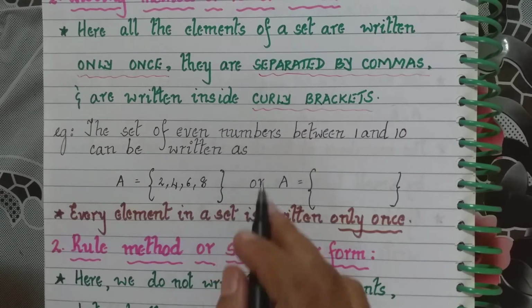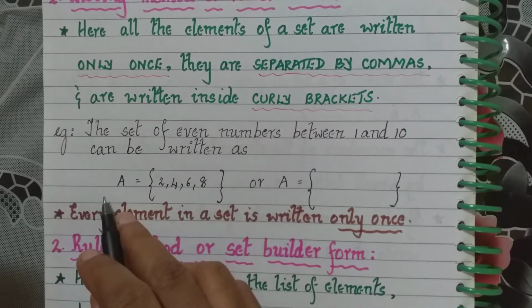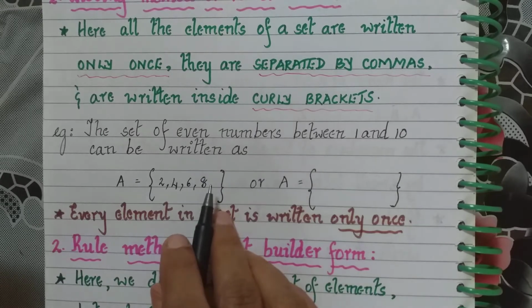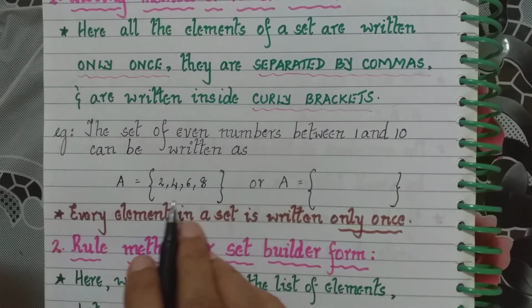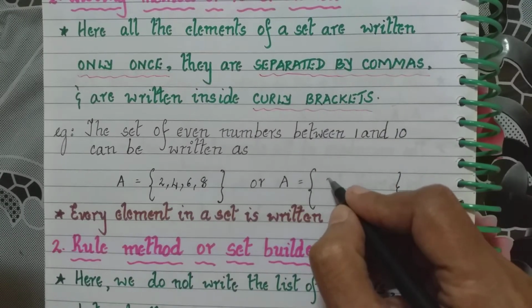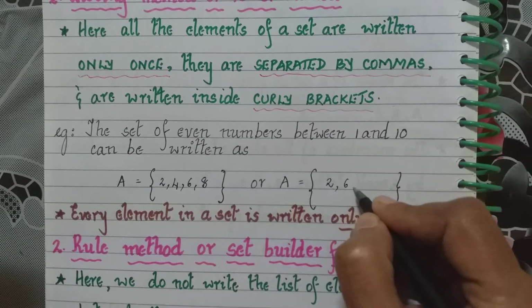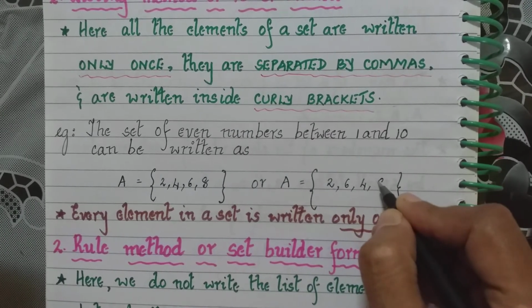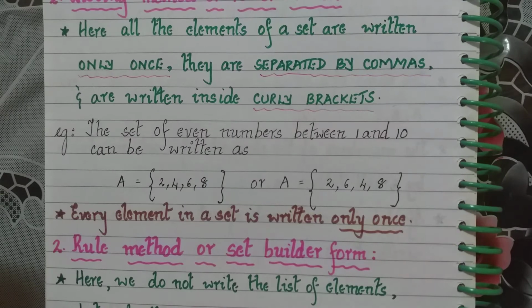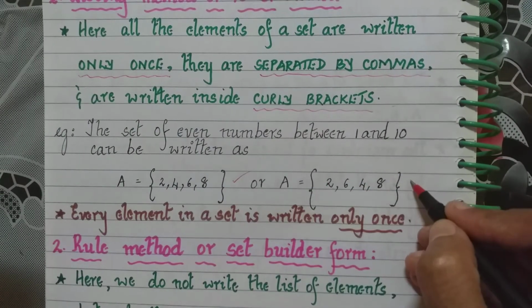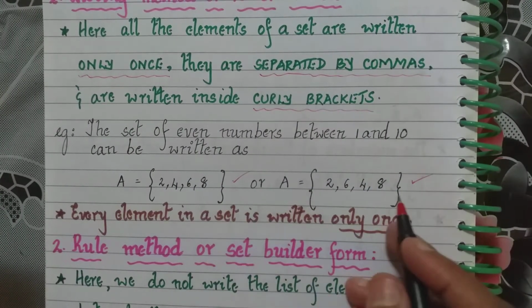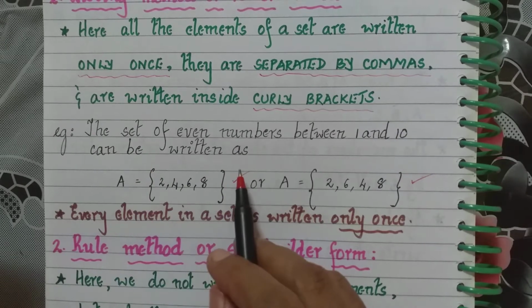Now this set I can also write either in the reverse way or change the order of the elements. That is, suppose if I want to write it as 2, 6, 4 and 8. In either case the set what I have written is right. Why is it right? Because what is important here?